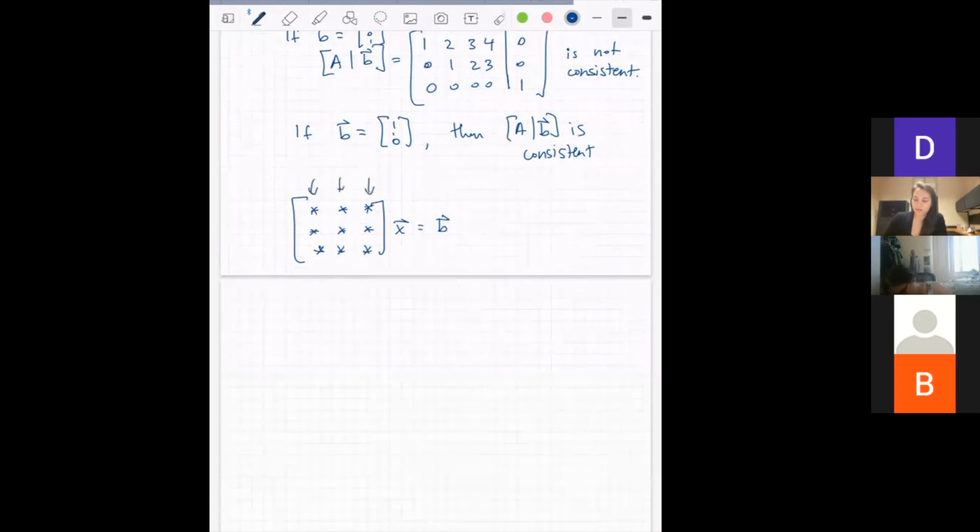Now, you can't get nothing in the span; the smallest thing you can get is just the zero vector. So possible.